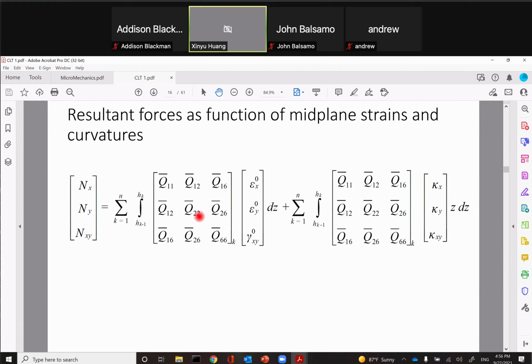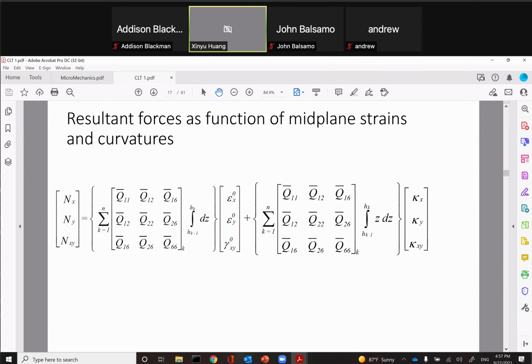It's a constant, and that's a constant. They can be taken out. You evaluate this integral alone and multiply by this, and same thing here. This turns out to be the thickness of each layer. It's the integral of 1 dz from h_(k-1) to h_k, which is just the thickness of that layer.